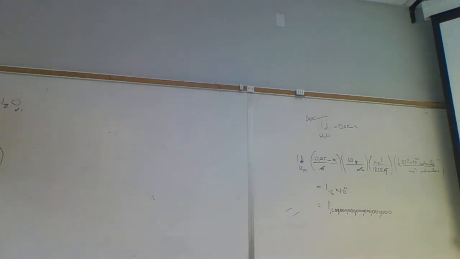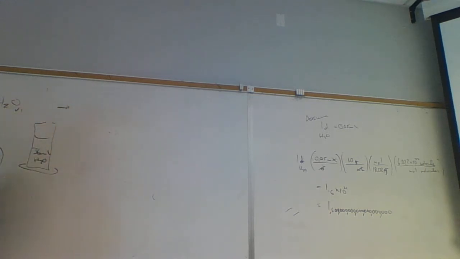So 2 moles would need 36 grams of water. How much do I need to measure out in the graduated cylinder to get 36 grams of water? 36 milliliters. So I'm going to have about 36 milliliters of water here.